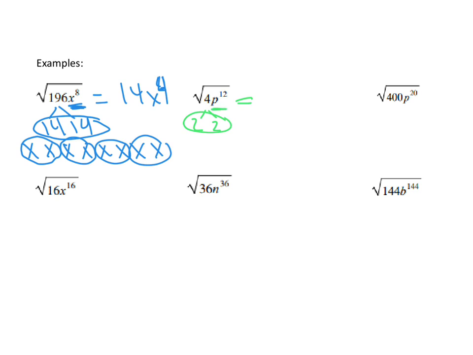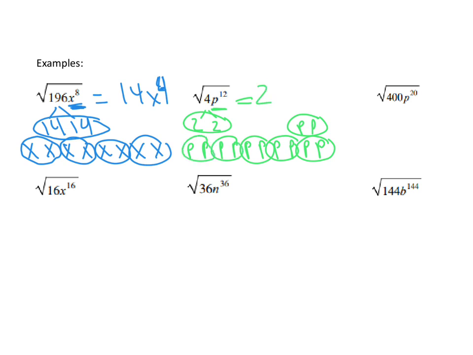If we think of that p to the 12th, we have 12 p's. How many pairs do we have? There's 6 pairs. So the square root of 4p to the 12th would be 2p to the 6th. So square root of your coefficient, half of your exponent.